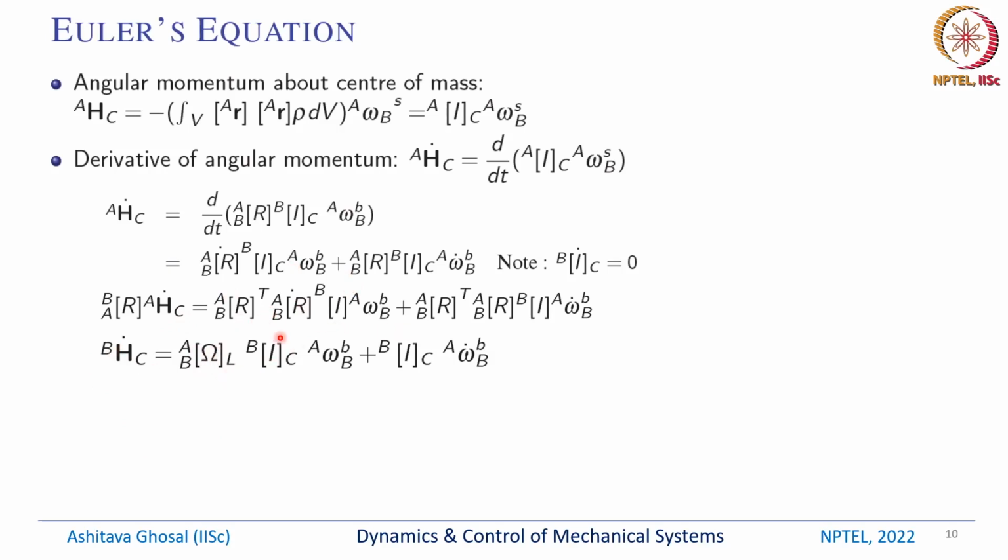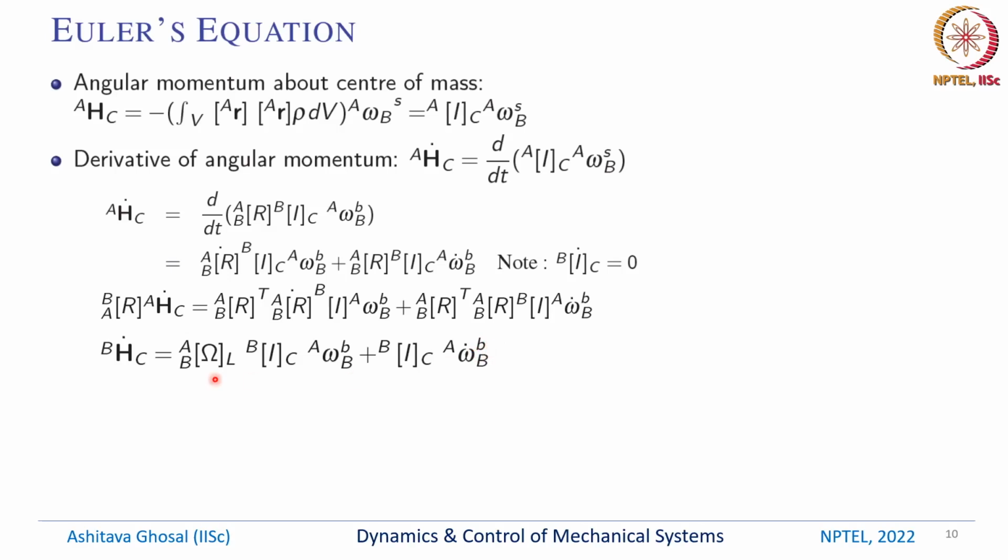This is the left multiplication, or we'll see later it is the body fixed angular velocity vector, into some inertia matrix into angular velocity, plus this inertia matrix in the body coordinate system into A omega B dot, again the rate of change of the body fixed angular velocity vector.